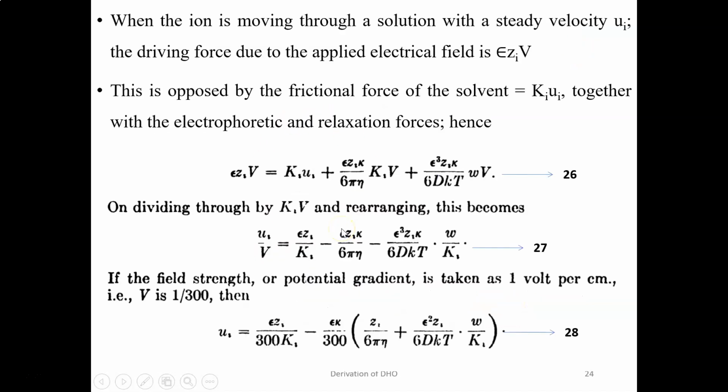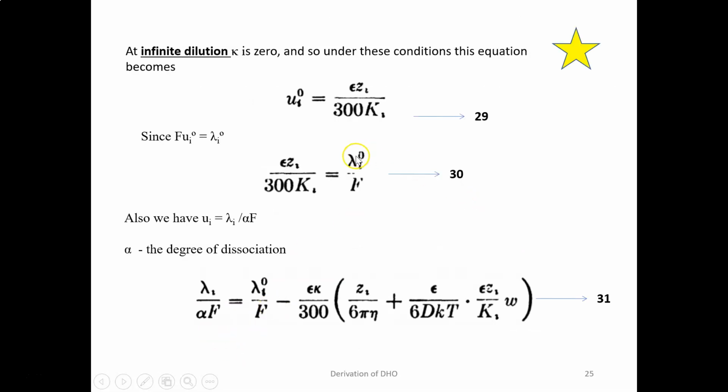So what we are doing is that we have a term corresponding to the equivalent conductance, and you have the relation in which you are substituting the equivalent conductance as well as the conductance at infinite dilution.